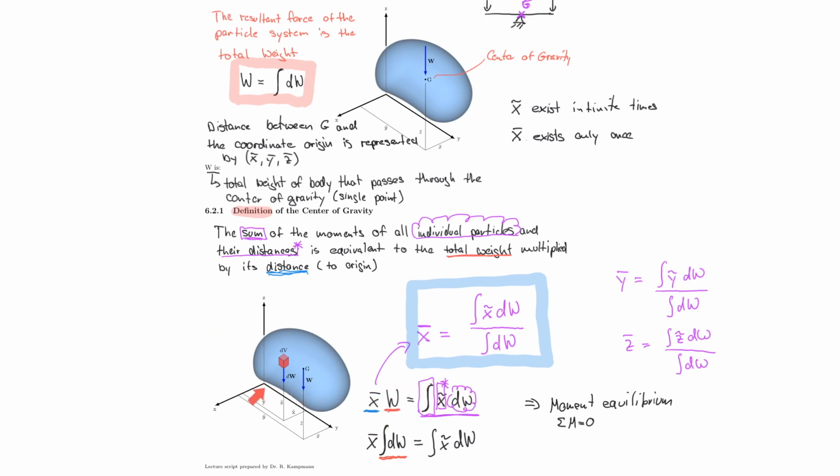We are just choosing to do it over the origin, because that will clearly define our x bar for us. And that is what we as engineers will be interested in. So that concludes the center of gravity. And now I will show you very quickly how this applies to the center of mass and the centroid.